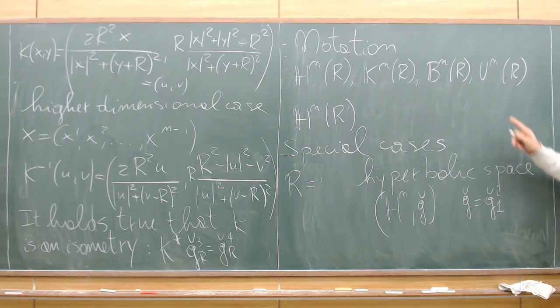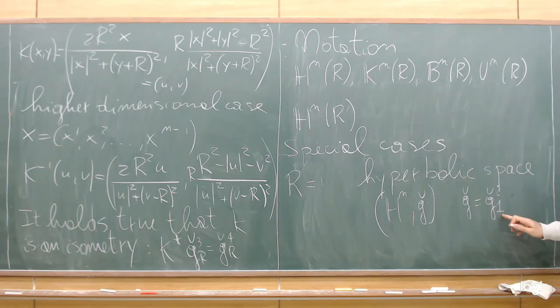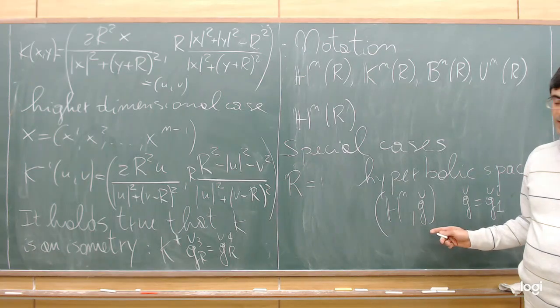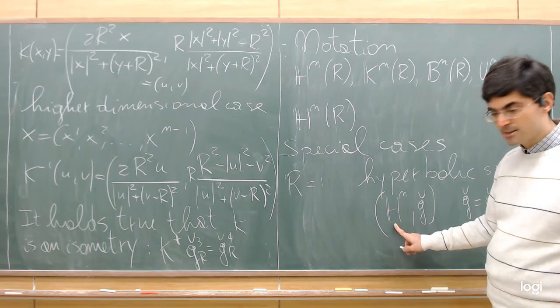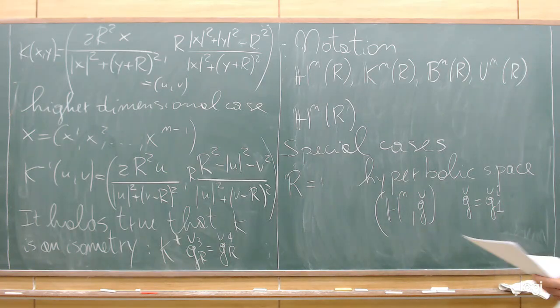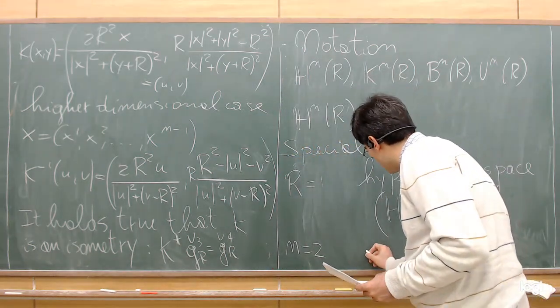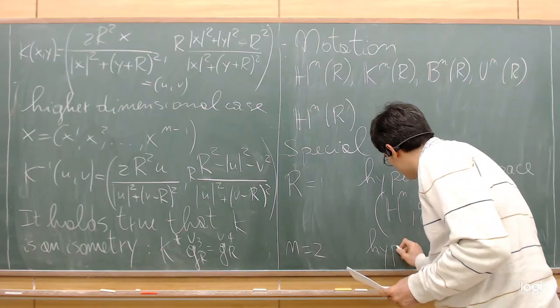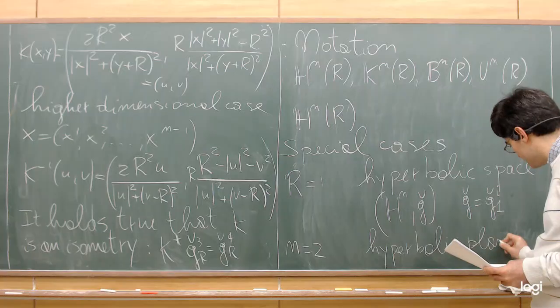So you can choose any of the models you have. You replace r equal 1 and you call the Riemannian manifold you get simply hyperbolic space, keeping using this notation here. Instead, if n is 2, then we have the name hyperbolic plane.